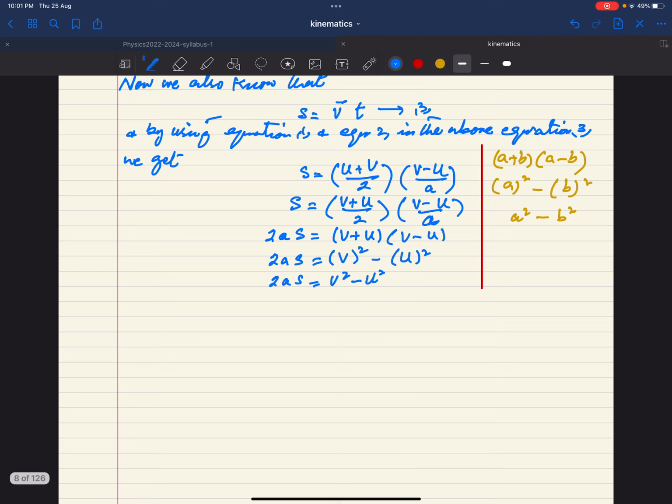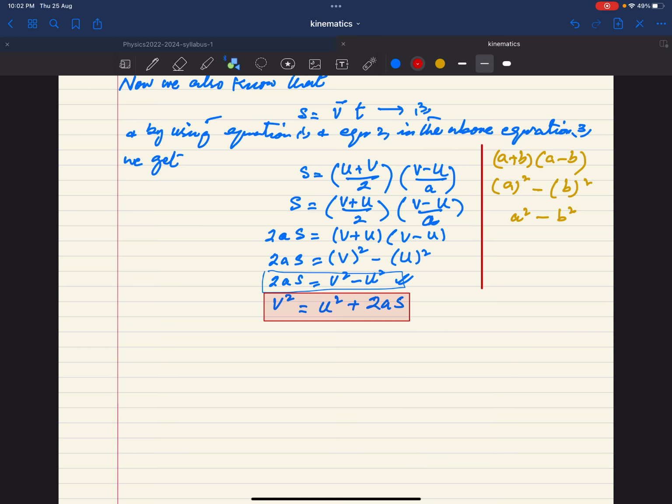Or, in a few books you will see that they give you the above equation in this way, that V square is equal to U square plus 2AS. So both of these equations you can use, whether you are using this equation here or the equation V square is equal to U square plus 2AS.